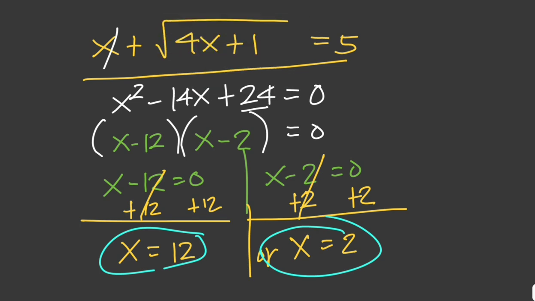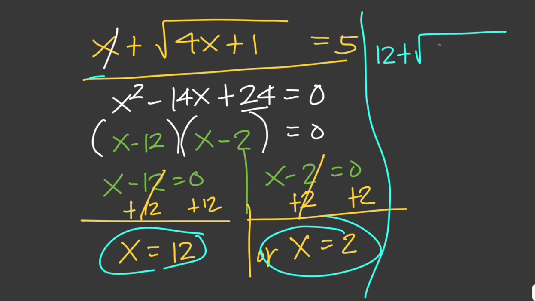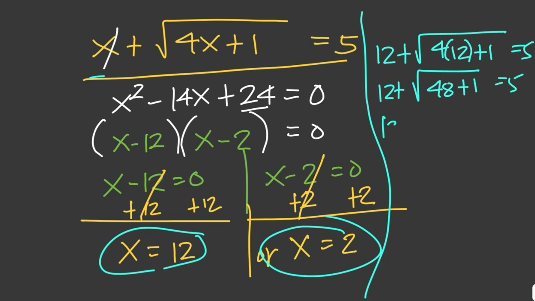So let's start with x equals 12. We plug in 12 here. So that would be 12 plus square root of 4 times 12 plus 1 equals 5. This is 12 plus the square root of, 12 times 4 is 48, plus 1, is 49, equals 5.